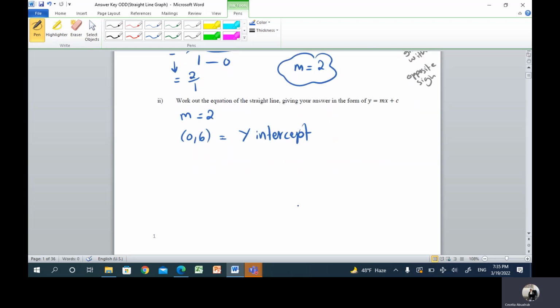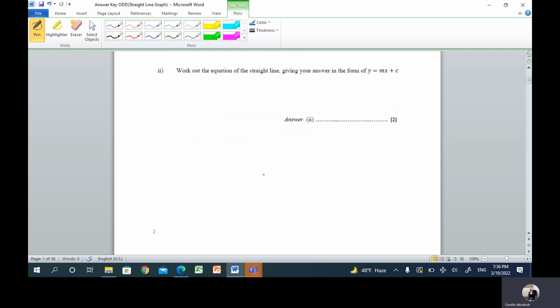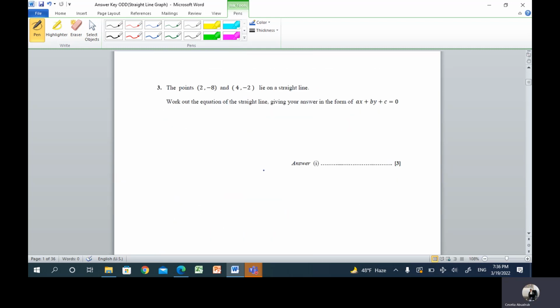Accordingly, if I know m and I know the y-intercept, then c is equal to 6. So the equation of the line is mx plus c, so 2x plus 6. Let's move to the next question.